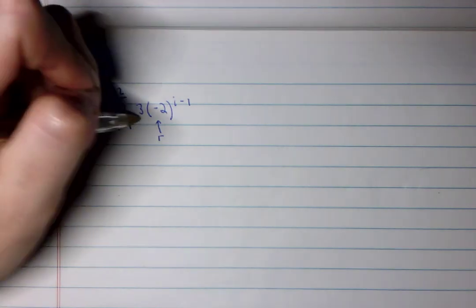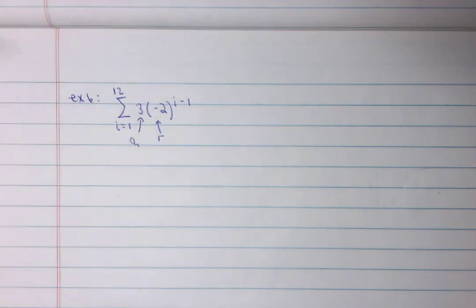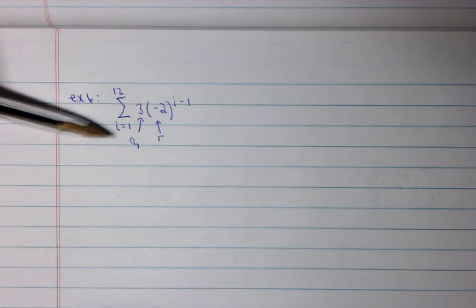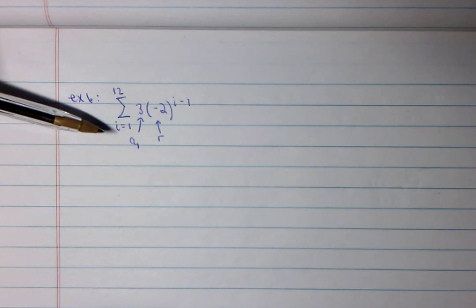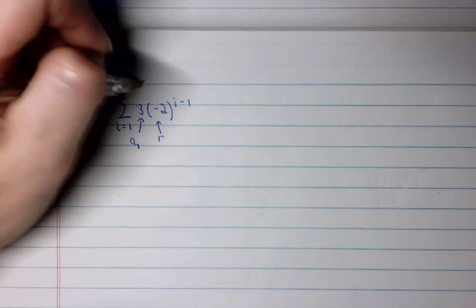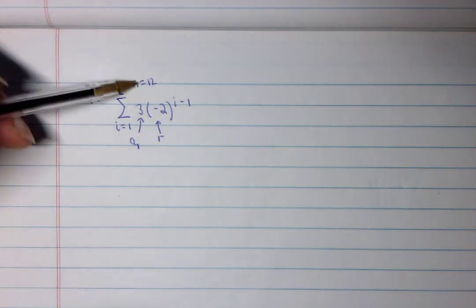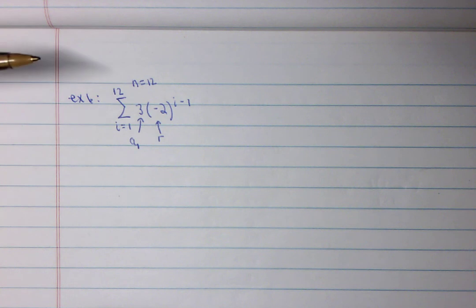So when you identify these, here's your common ratio. Here's your first term, a sub 1. And then remember the index here, this tells you we start at 1 and then we go all the way to 12. So this is telling me we have 12 terms here. So n equals 12 in this case. If you start at 1 and go to 12, then you have 12 terms, okay?